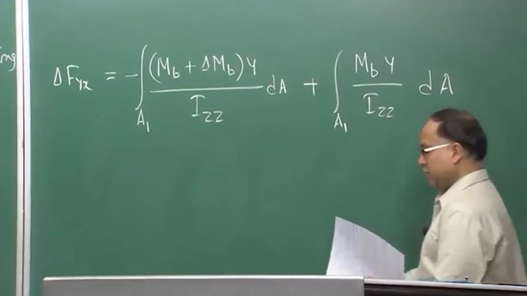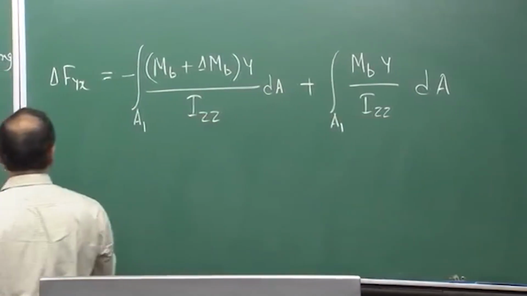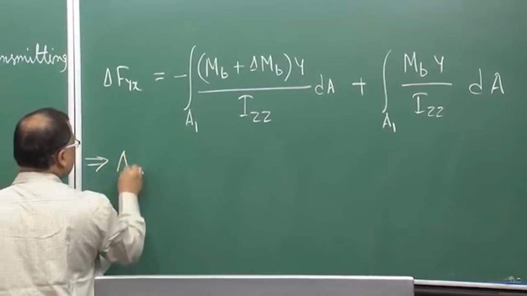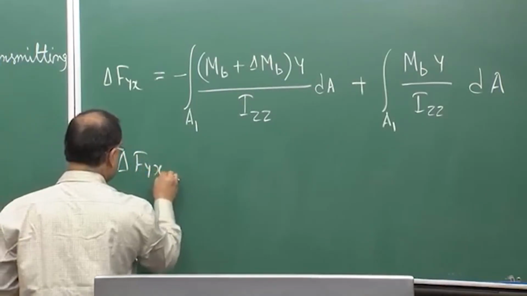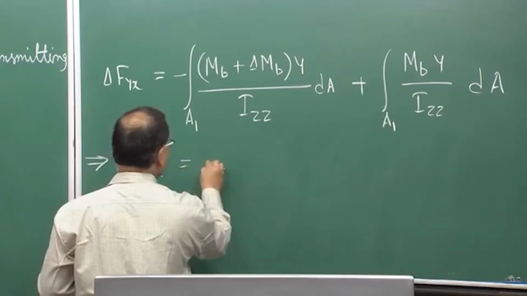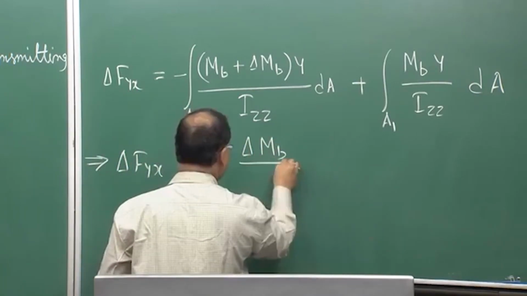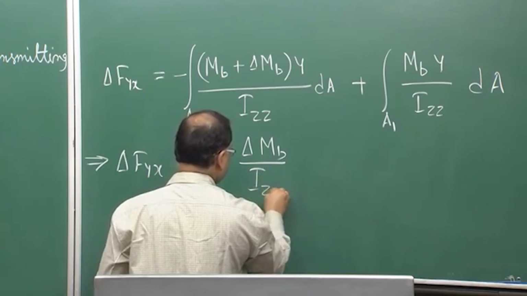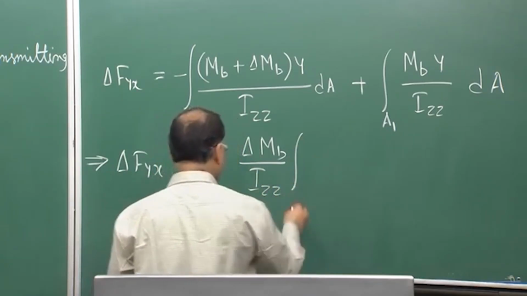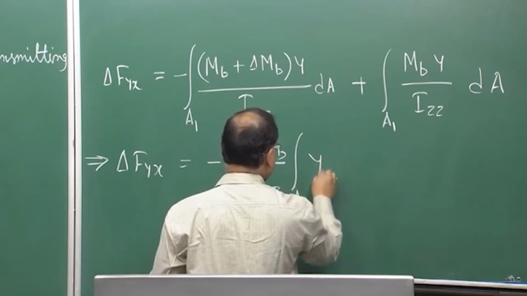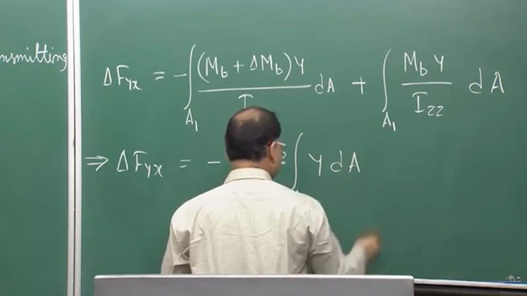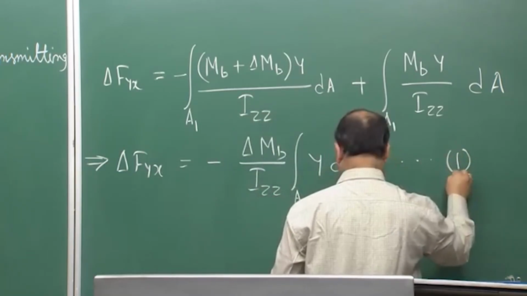Further I can write delta f y x is equal to minus delta Mb by I zz times integral over A1 of y dA. Let us say equation 1.